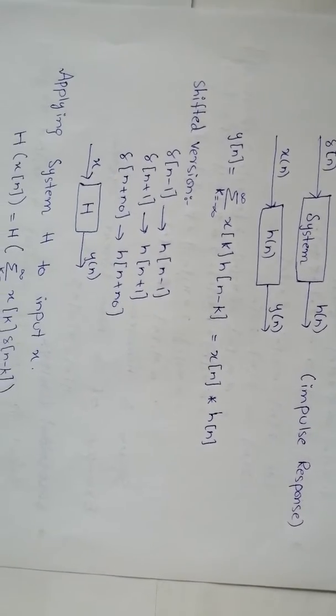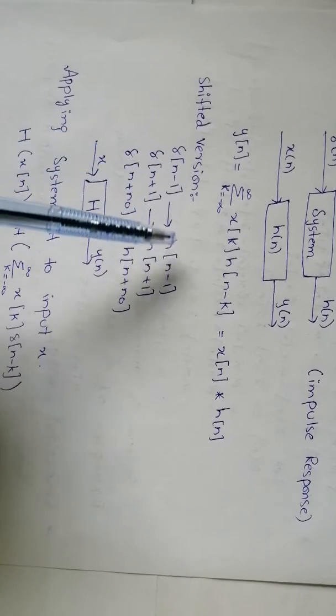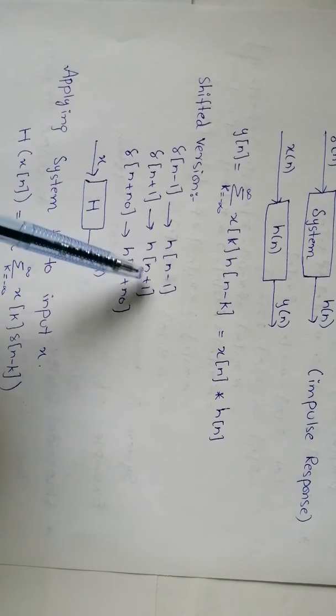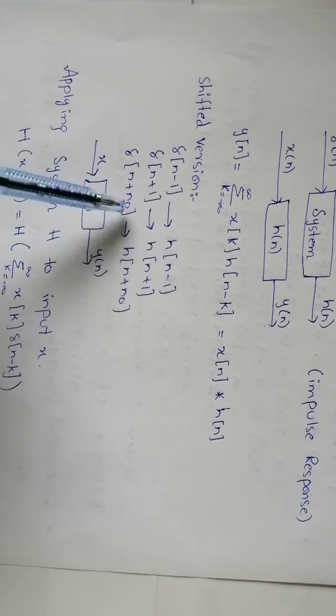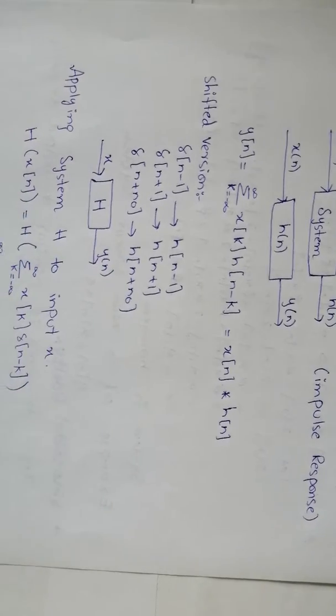We can represent its shifted version, that is, delta of n minus 1 gives us h of n minus 1. Delta of n plus 1 gives us h of n plus 1. Meanwhile, the shift of n naught gives us shift of n naught in h.